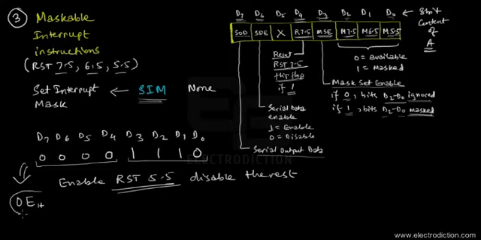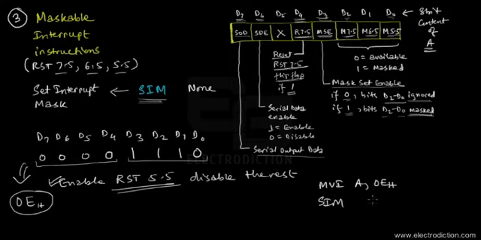So this is exactly the data byte that we need to load into the accumulator in order to get this job done. So we write here the program code, MVI A, 0EH. Now we have loaded this code into the accumulator, and now we declare the instruction SIM.